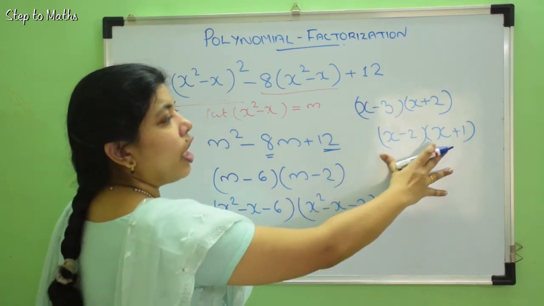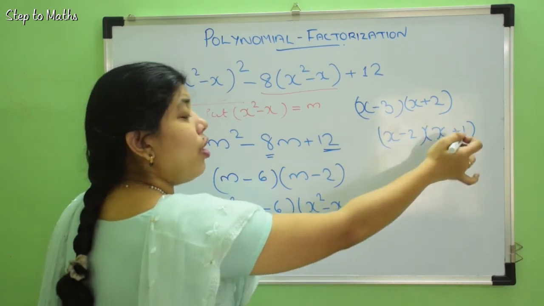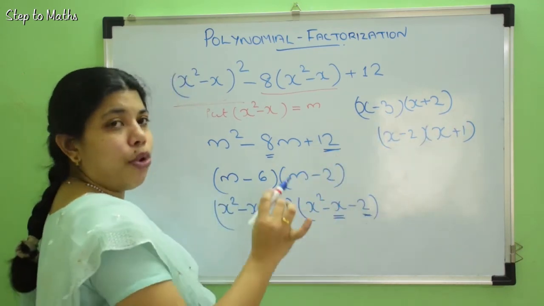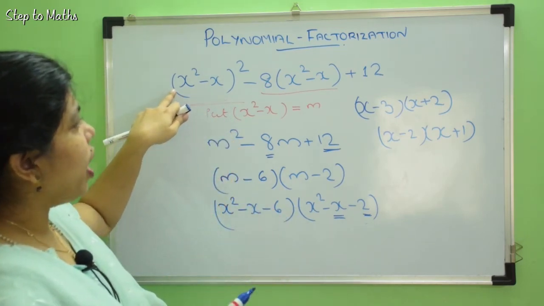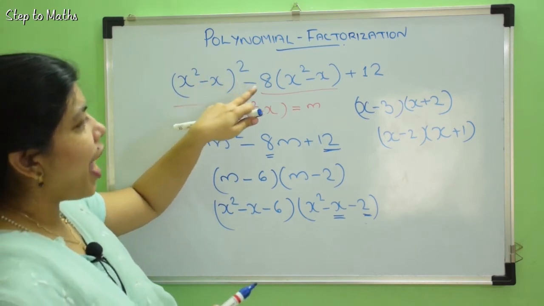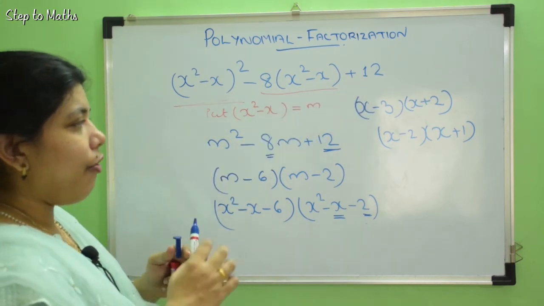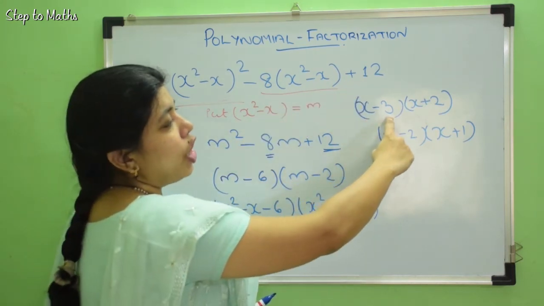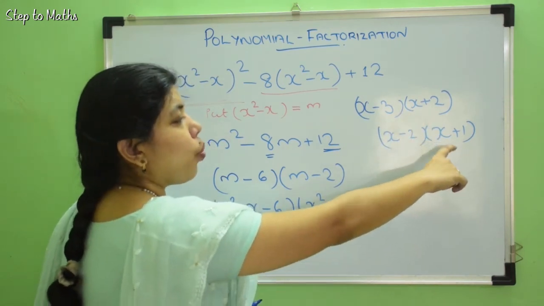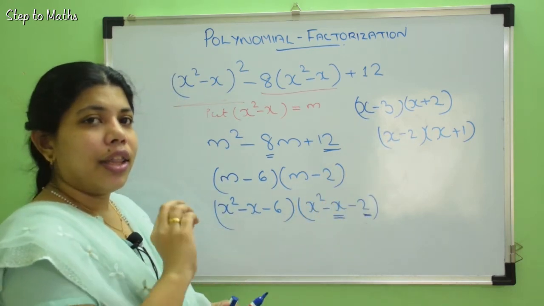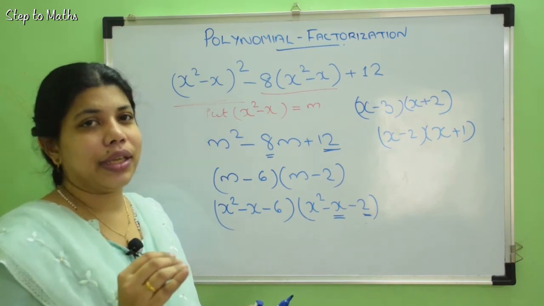Now the given polynomial is in the form of a product of 4 simple polynomials. That means the given polynomial (x square minus x) whole square minus 8 into (x square minus x) plus 12 is factorized as (x minus 3) into (x plus 2) into (x minus 2) into (x plus 1). That is a product of 4 simple polynomials.